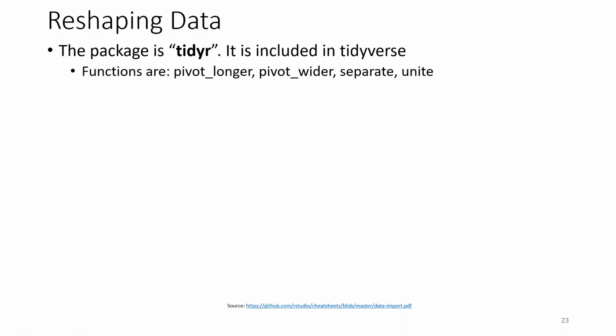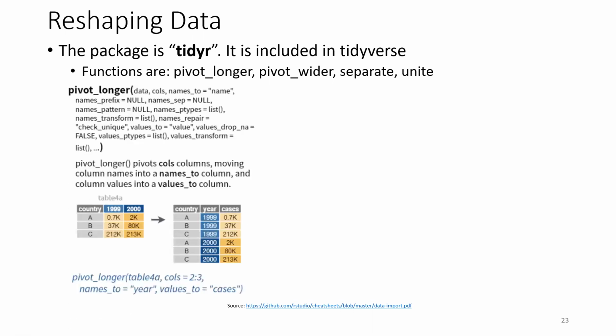The first one is pivot_longer. The pivot_longer function takes a dataset that is not tidy and transforms or reshapes it into a tidy form. It has a lot of different arguments, as you can see here, but there are actually four main arguments that are very important.